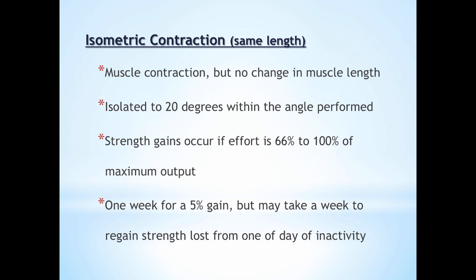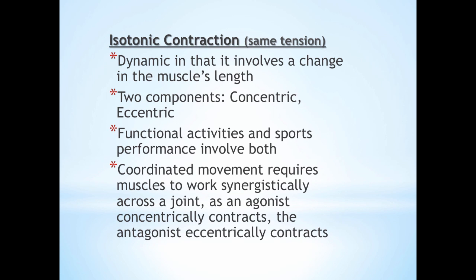But within a week, you can get a 5% gain. But the problem with it is that with just a single day of inactivity, you can lose that 5% that you just picked up. So consistency is the key there.